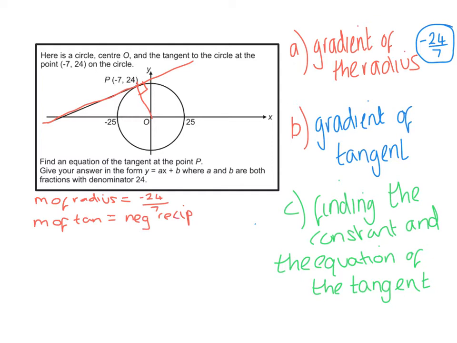A negative reciprocal is what number do I need to times this by to get to -1. And the trick is that you flip it, so it would be 7 over 24. And if it was positive, it's now negative. If it was negative, it's now positive. So the gradient of the tangent is actually 7 over 24.